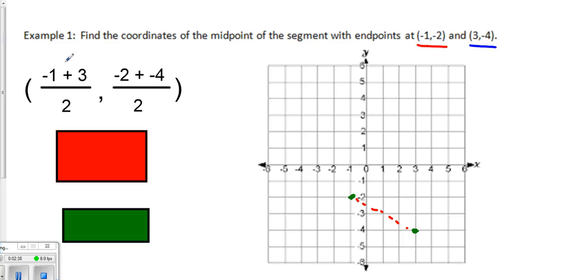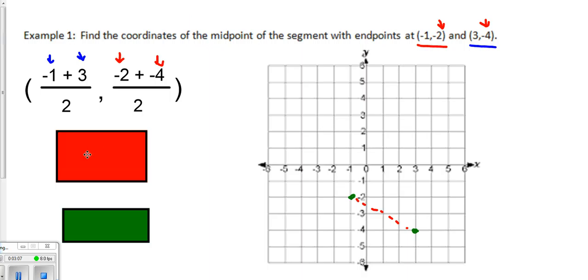So x1, which was -1, is right here. x2, which was 3, is right here. Same thing, y1, that -2, goes right here. y2, the second y value, goes right here. Our 2 x's added up, our 2 y's added up, and then divided by 2.